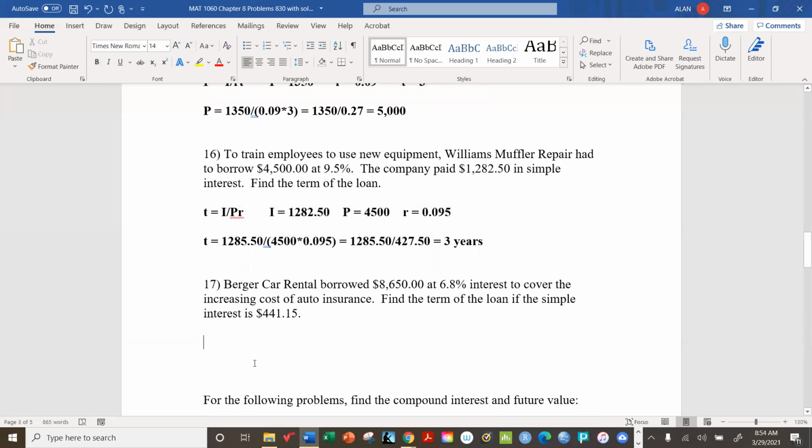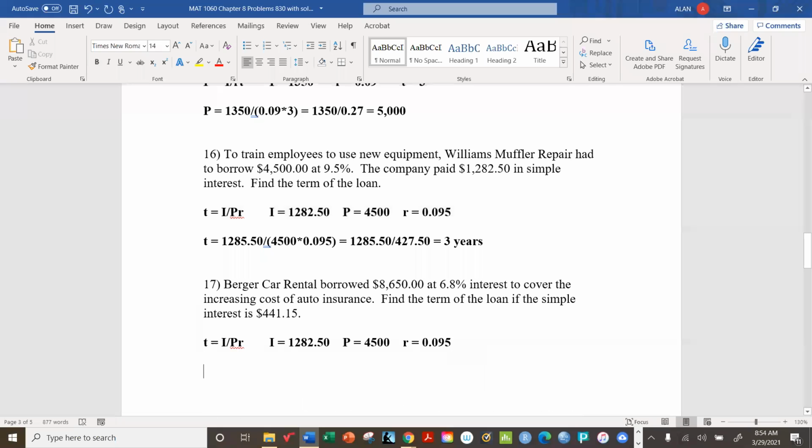Okay. Now, this last one, this is also the exact same problem, the term. So here the simple interest is 441.15. And the principal is 86.50. And okay, 6.8%.